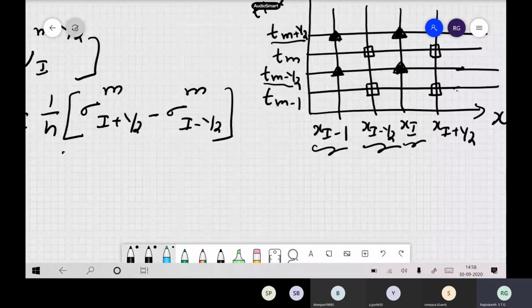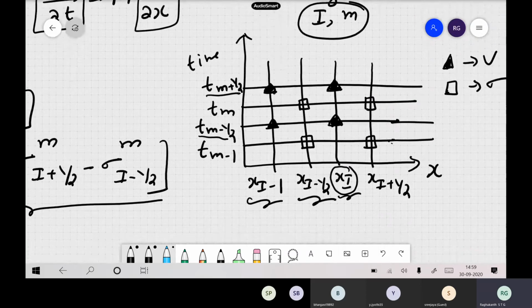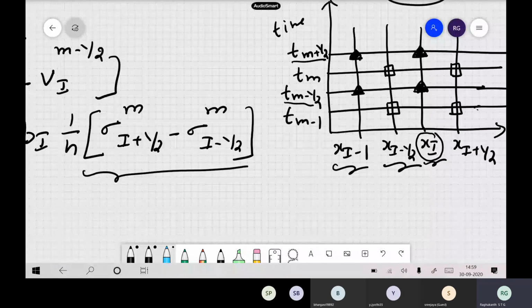Now what is the meaning of this one? I plus half, i minus half. So where are you finding the derivative? At i. At i, okay, that means at x i you are finding the derivative here. And in time you are finding at what point?